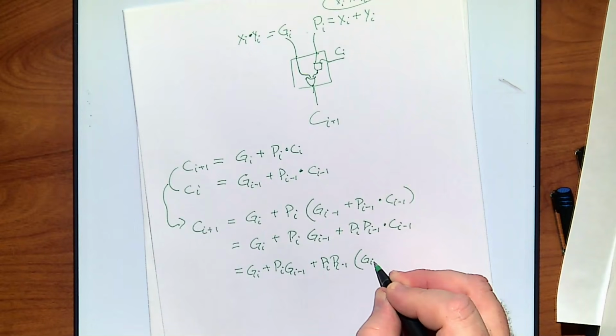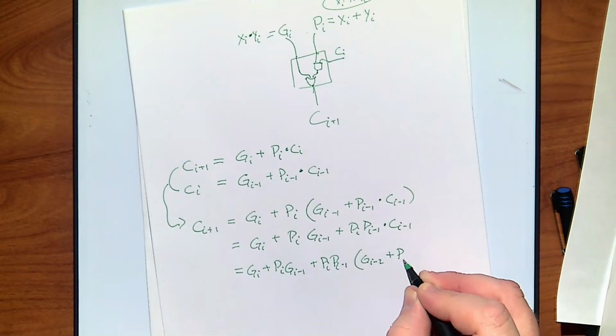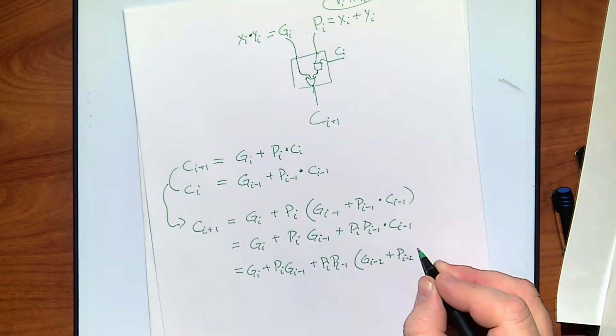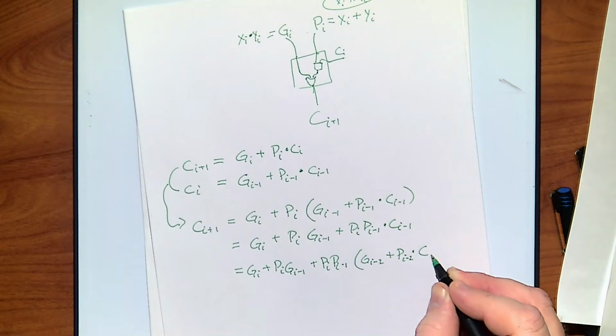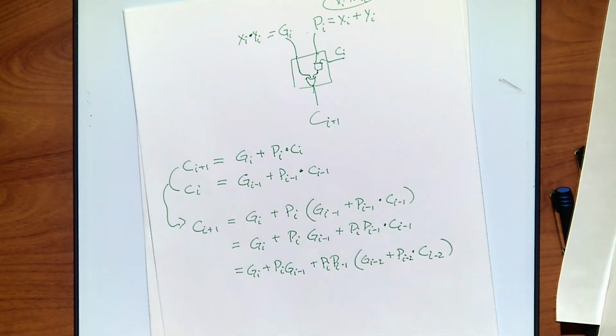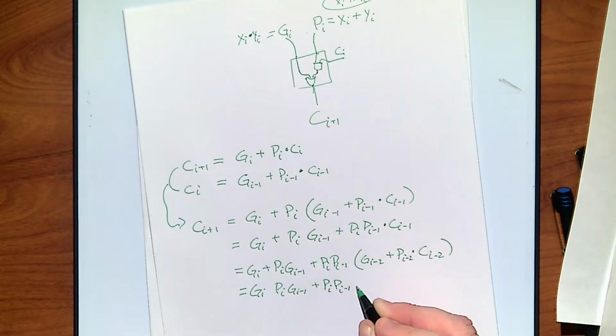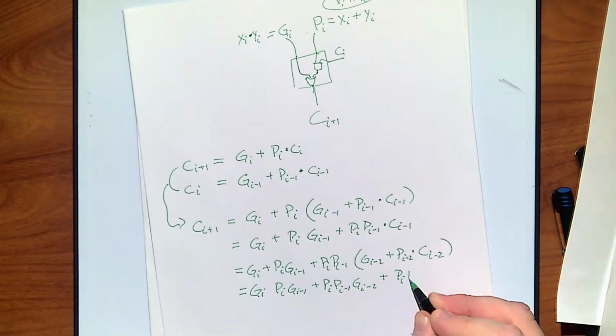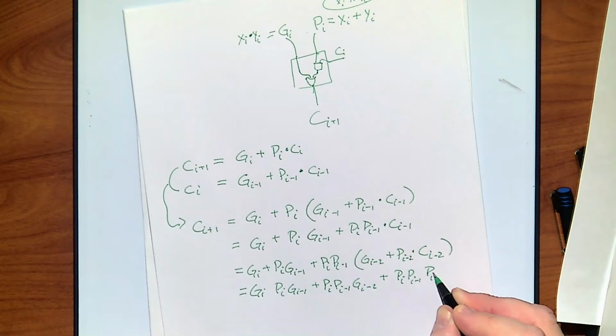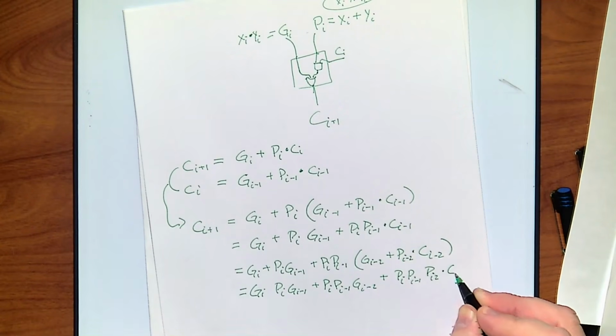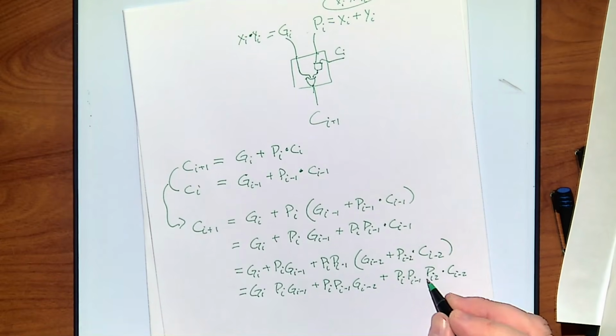So it'd be generate for I minus 2, propagate for I minus 2, and carry for I minus 2.